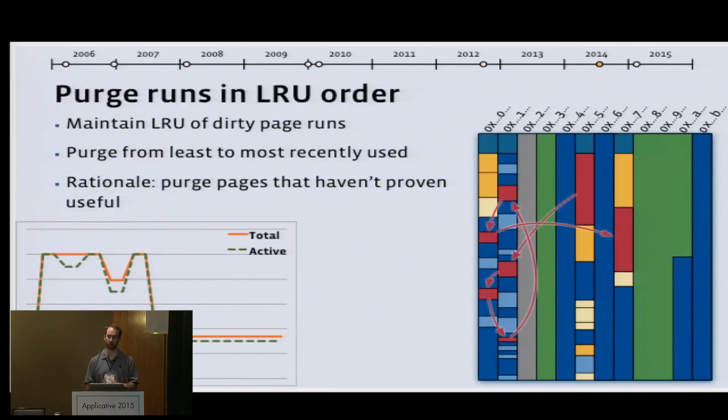just last summer, Ben Maurer had an intern that he had work on a project where rather than purging on a per chunk basis, we kept an LRU of all of the dirty runs. And essentially the idea here is that when a dirty run becomes deallocated, you append it to the end of the list. If there's anything next to it that also becomes dirty and unused, they coalesce and then they get bumped back to the end of the LRU.